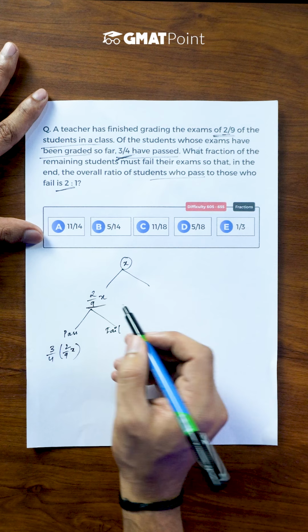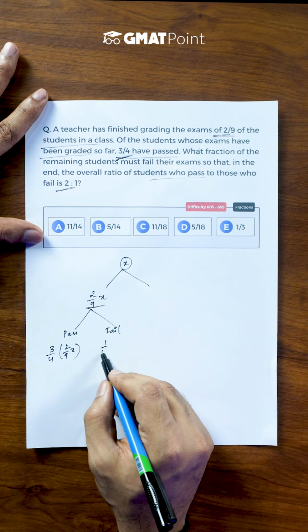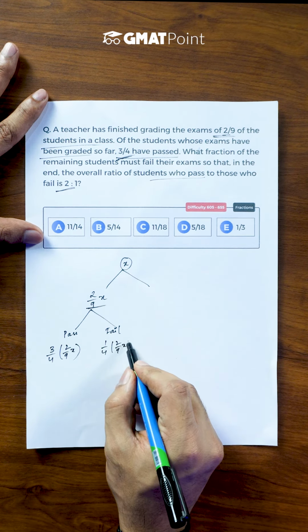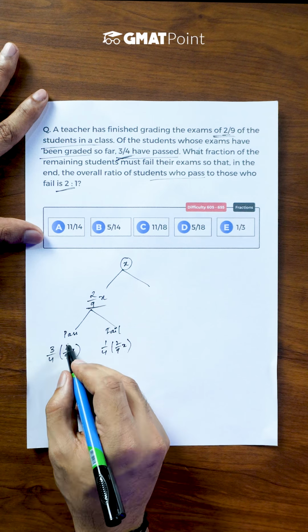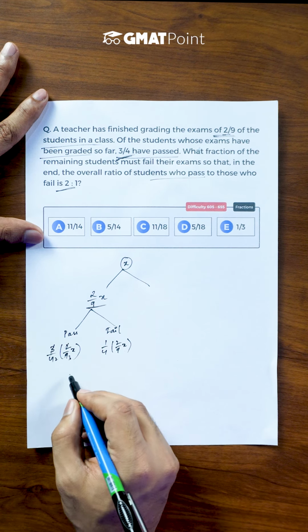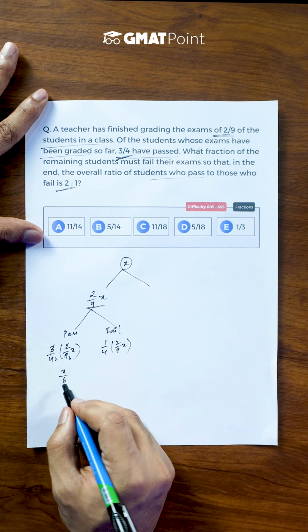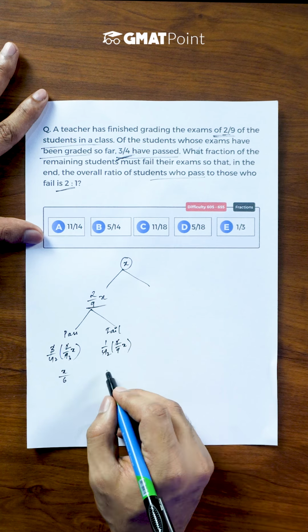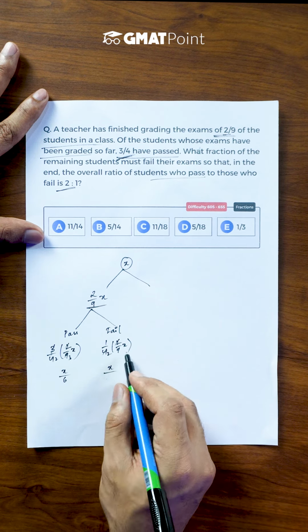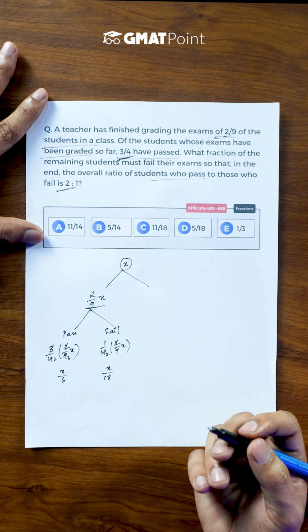If 3/4 of these students have passed the exam, then 1/4 of them have failed the exam. So the number of students that passed the exam until now can be calculated as x/6, and the number of students that failed can be calculated as x/18.